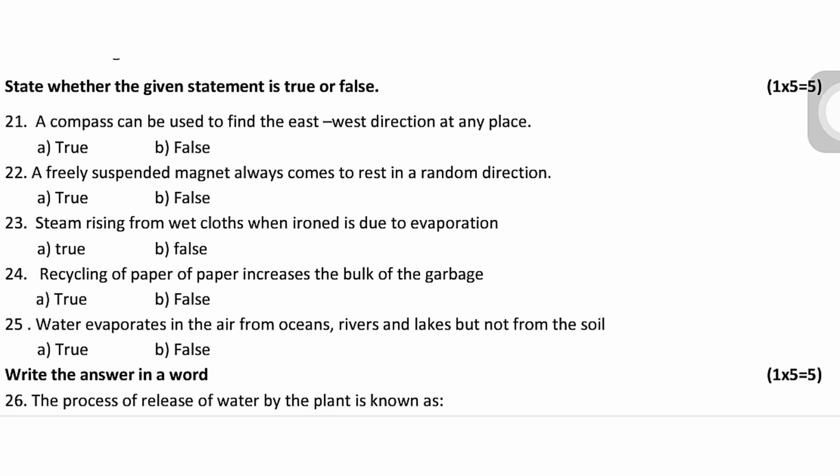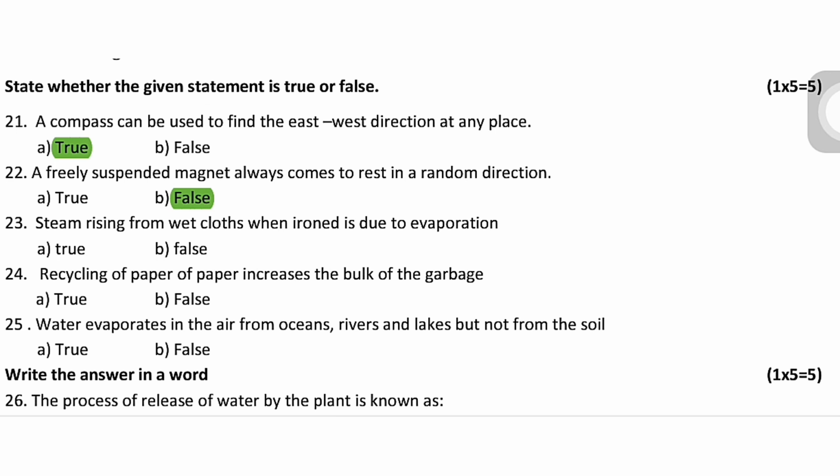Then true or false. A compass can be used to find the east-west direction at any place. Yes, it's true, so option A is the right answer. Then, a freely suspended magnet always comes to rest in a random direction. It's false.